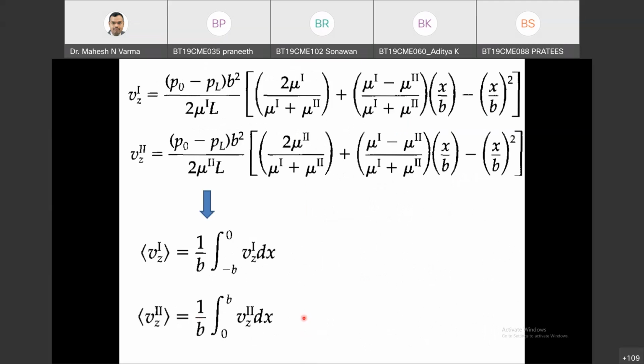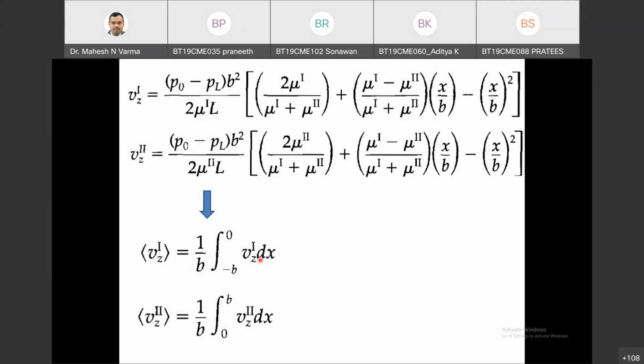This is how you will get the average velocity. This is for phase 1. It is velocity multiplied by surface area, divided by surface area. But the surface area perpendicular to flow is not changing; the width W remains the same.